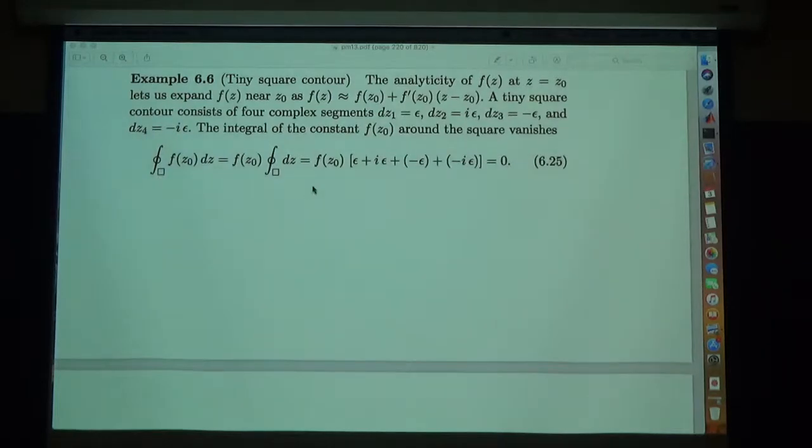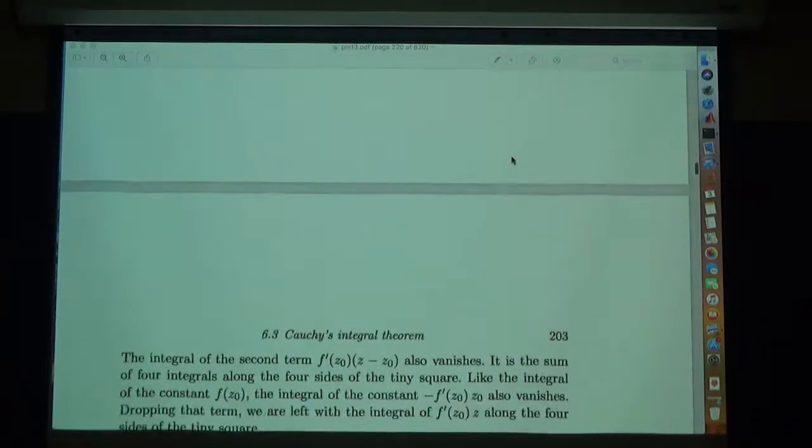And so the integral of f of z has, first of all, the integral of f of z0 around the square. We can factor out the constant f of z0, and then we just get the four sides of the square: epsilon, i epsilon, minus i epsilon, 0.